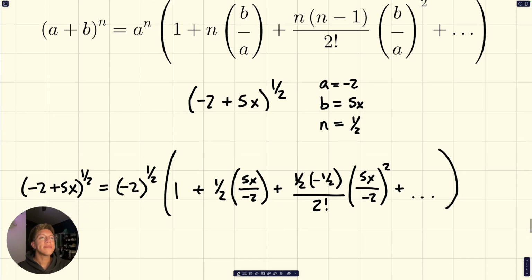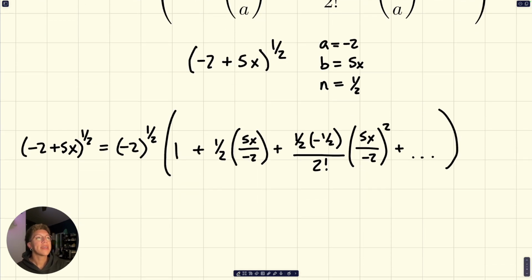We can take it a little bit further. Our very first term here is going to be the square root of -2. We get 1 plus 1/2 times that is 5x over 4, and that's going to be negative, so that second term is going to be negative.